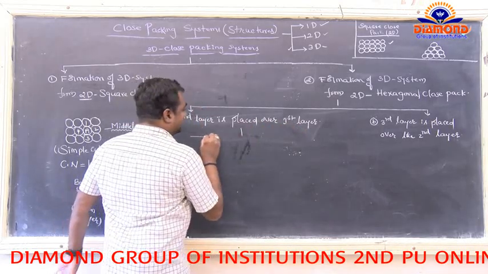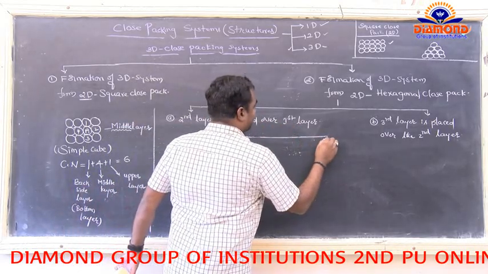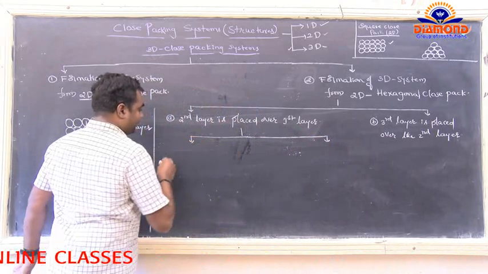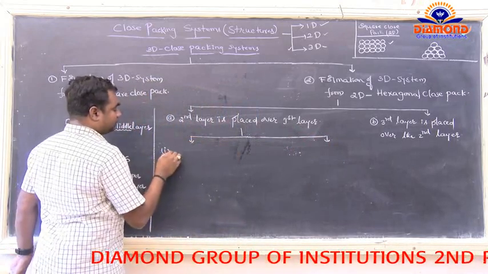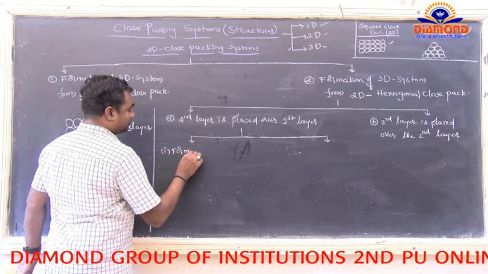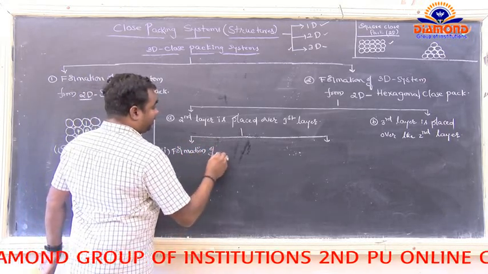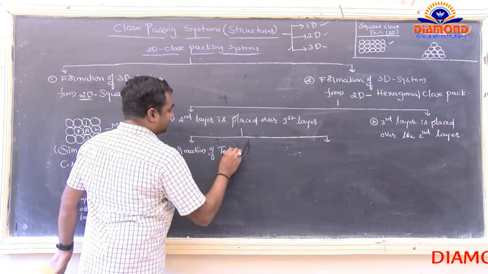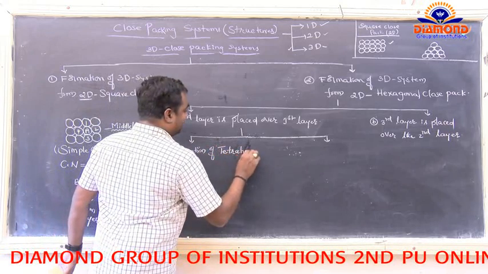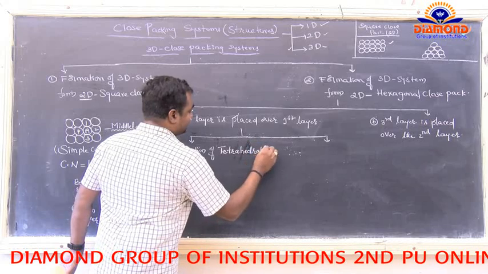These are again classified into two types. The first one, formation of tetrahedral voids.